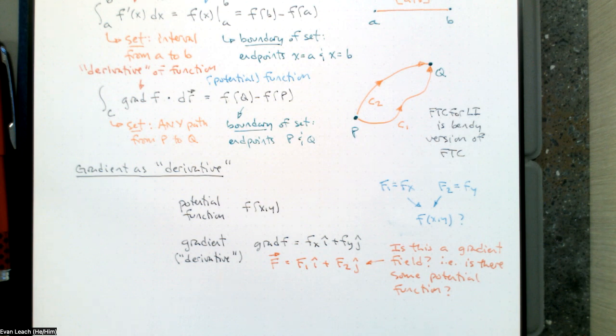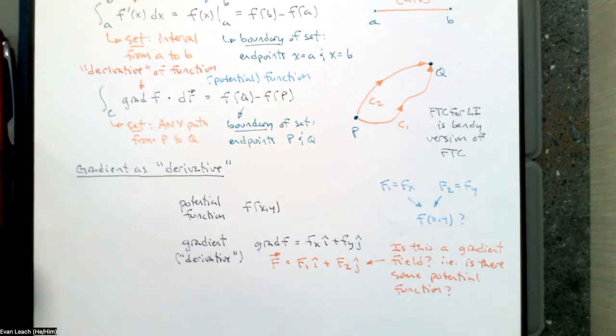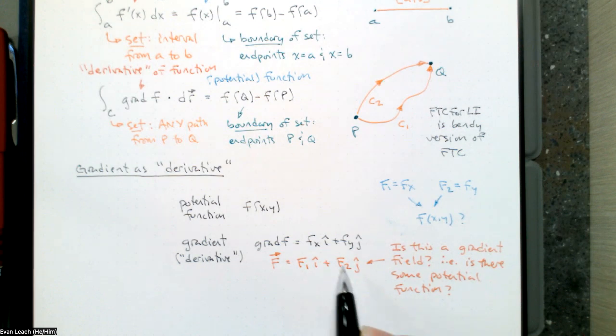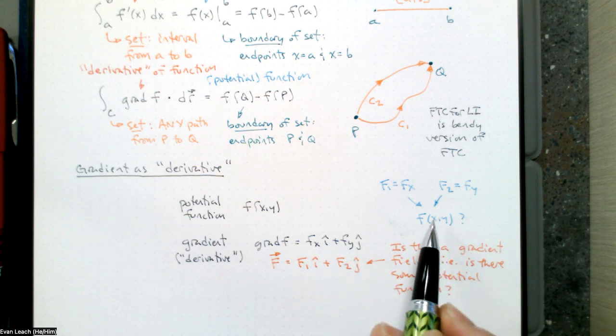So going one level down, if f1 and f2 are fx and fy, if these two functions are first partials of some potential function, then the mixed second partials will be equal.